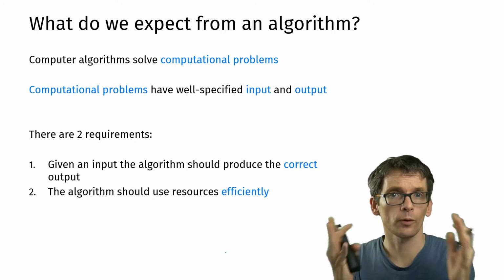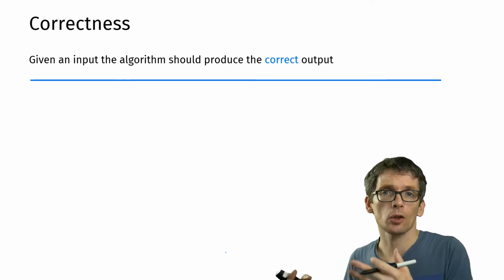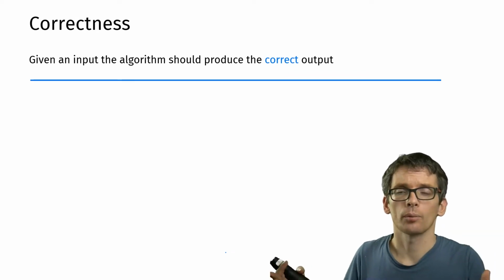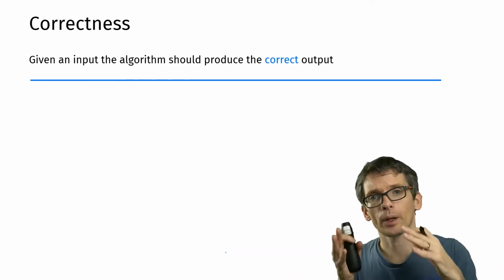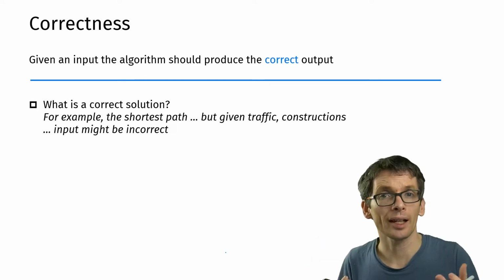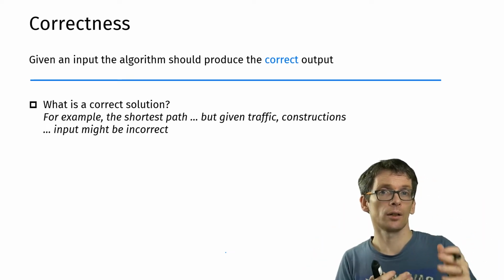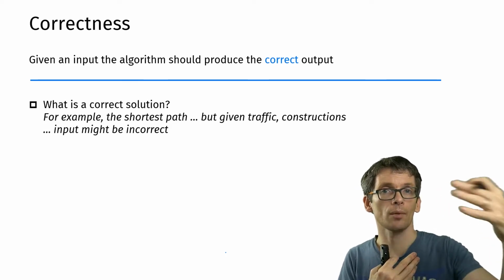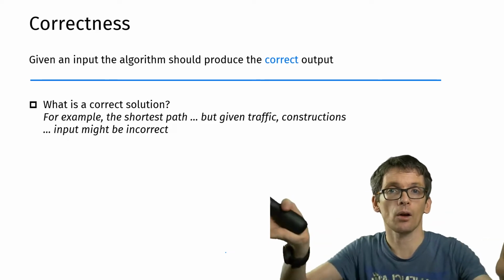So let's first briefly talk about correctness. An algorithm should produce correct output. Of course, there might be settings where it's not clear what that means. So for instance, in the route planning setting, I could say correct output is if the travel time is actually shortest, but that depends on how the traffic would actually be.